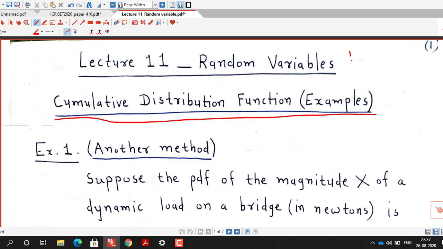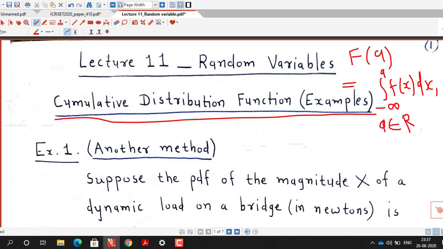In that example we used the definition of the distribution function of a continuous random variable: the value of the CDF at any point A is given by the integral of the PDF from minus infinity to A, and this is defined for every real number A. Using this definition we showed how to find the distribution function from a given probability density function.